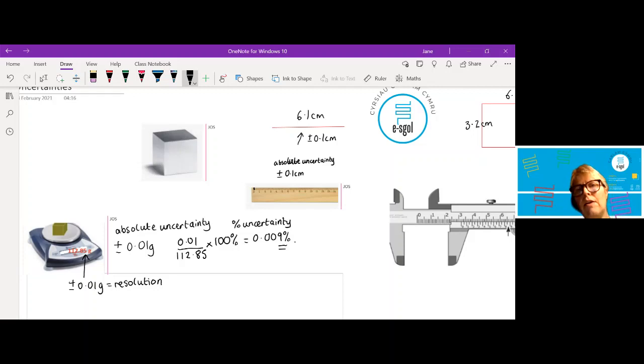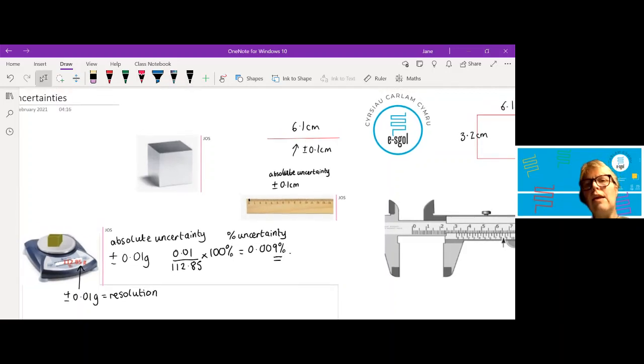So on that note, the absolute uncertainty of that length of that line is also 0.1, the same as the resolution. And so if I want to find out the percentage uncertainty, all I have to do is take the absolute uncertainty, the 0.1, divide it by 6.1, get it as a ratio, and then times by 100%.